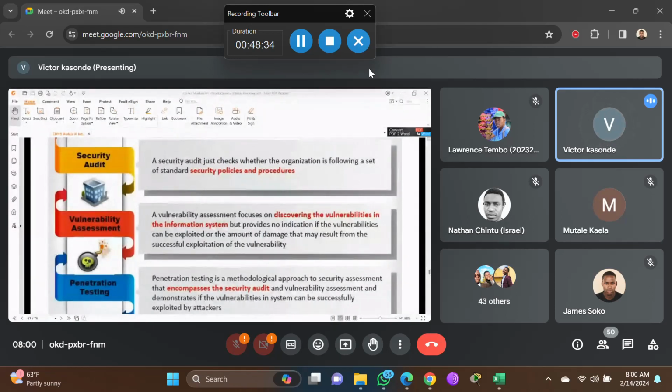That's why in the first one, the security audit, we said a security audit just checks whether the organization is following a set of standard security policies and procedures.